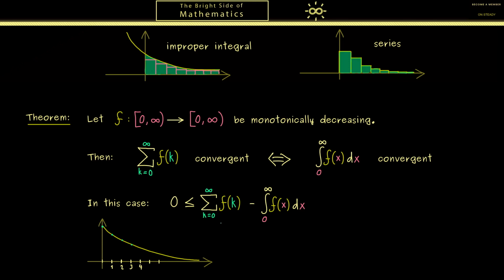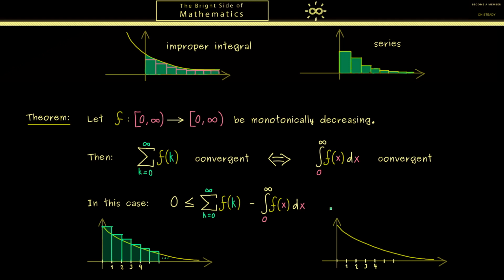Now, adding up all these values is the same as adding up the areas of rectangles because the width is 1. Then the important thing you should see is the area is larger than the integral. So you see, this immediately explains the implication from the left to the right, and also this inequality here.